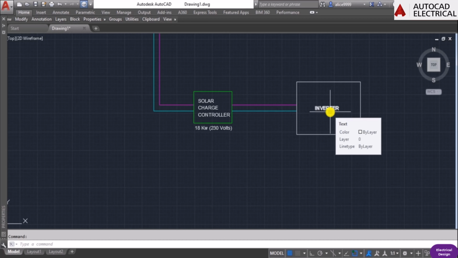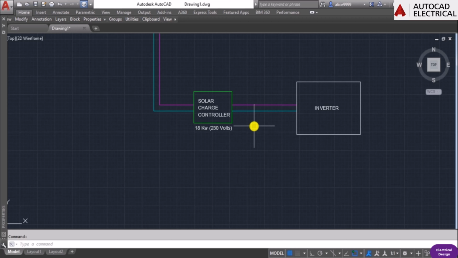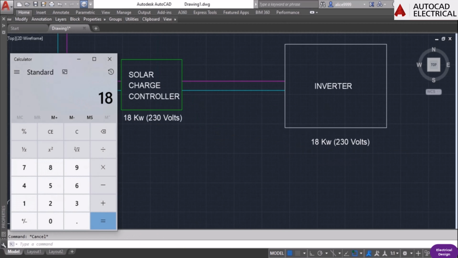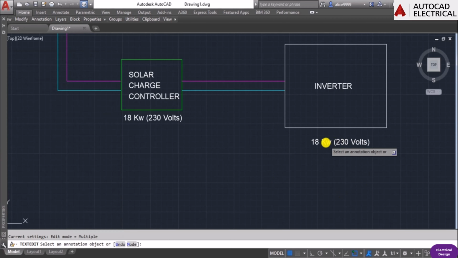For example, if my requirement is 18 kilowatts and I need 30% more, 18 multiplied by 1.3 is around 24 kilowatts. So my inverter size is around 24 kilowatts, calculated as 30% more than the required power.